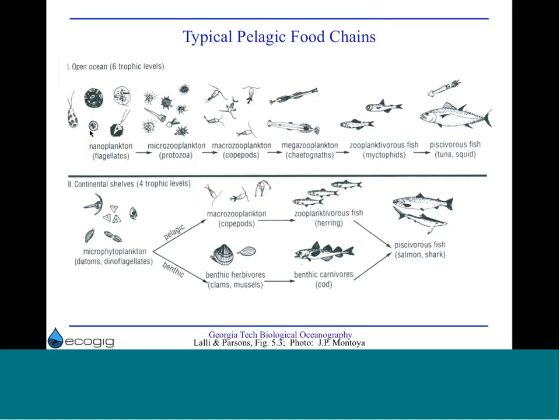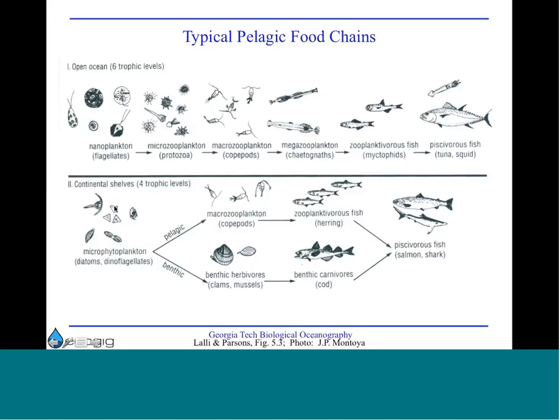On the right-hand side, we have the big, economically important fish that people typically care about. And connecting them, we have a variety of zooplankton, starting with protists and going up to various sorts of crustaceans and other mid-sized zooplankton, and finally leading us to fish.